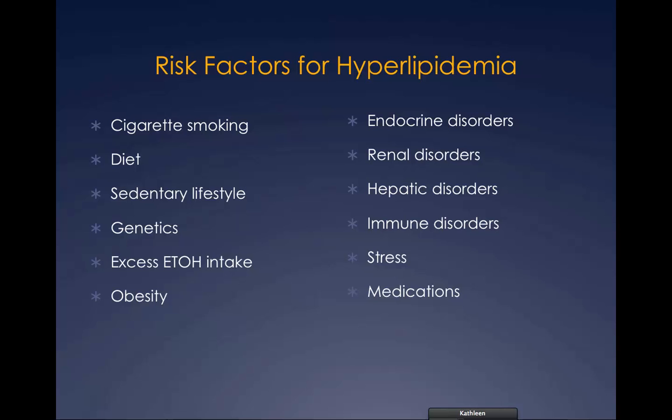Medications can cause secondary dyslipidemia. Culprits include glucocorticoids, estrogens, thiazide diuretics, alpha blockers increase HDL, beta blockers decrease HDL and increase triglycerides, and protease inhibitors used in HIV treatment can cause hyperlipidemia.